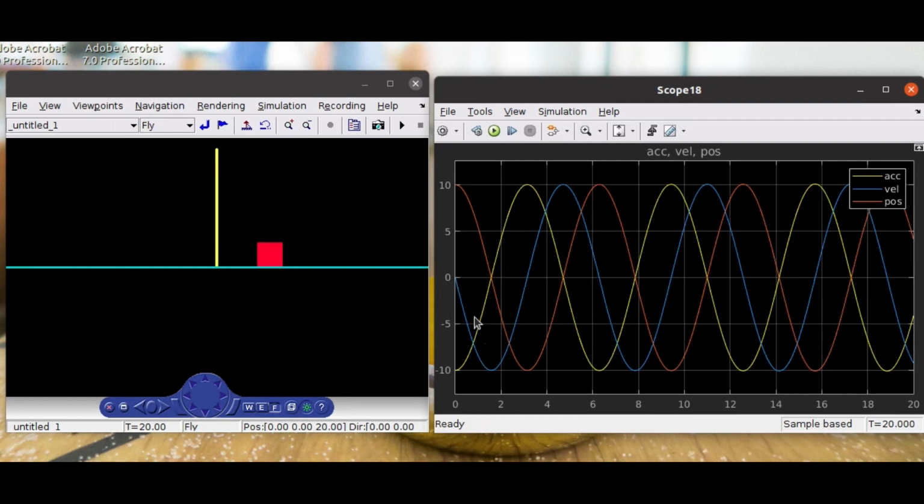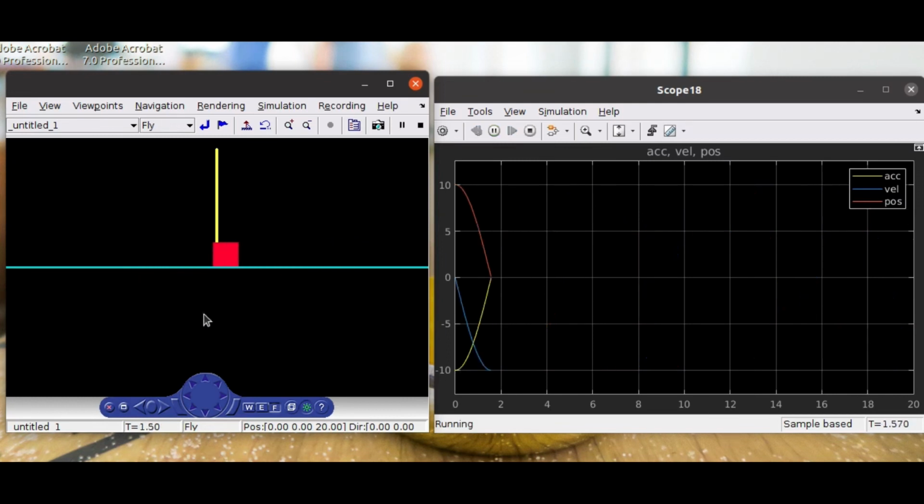Due to that velocity, the body will keep on moving towards the left hand side. Because of that, the position is going to increase in the negative side. So it will increase from -1 to -2 and so on. And force or the acceleration, as it is the negative of position, it will keep on increasing in the positive side.